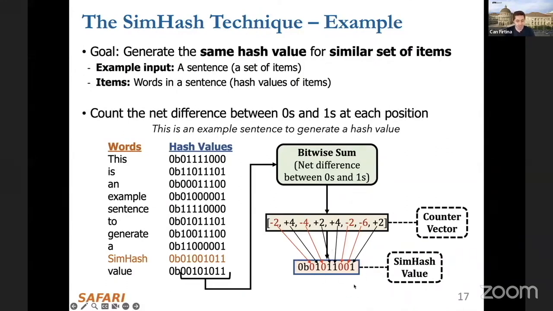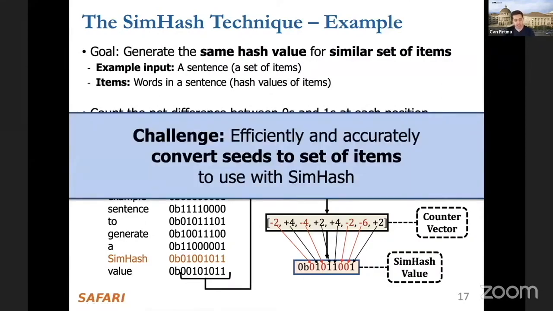So what does this mean? If two sets are highly similar to each other, their counter vectors may be slightly different, but their majority results are likely to be the same, meaning they are likely to generate the same hash value. It's not guaranteed, of course, but it gives us a chance for highly similar sets to have the same hash value.